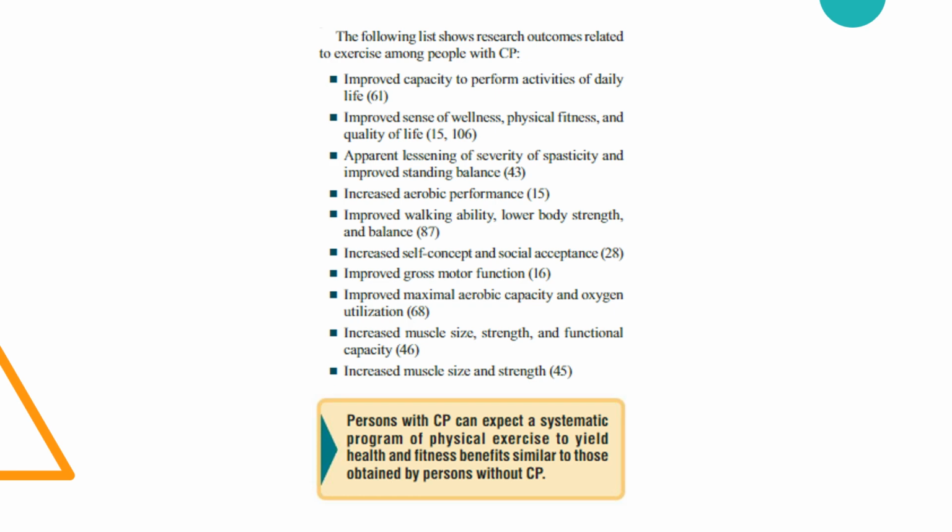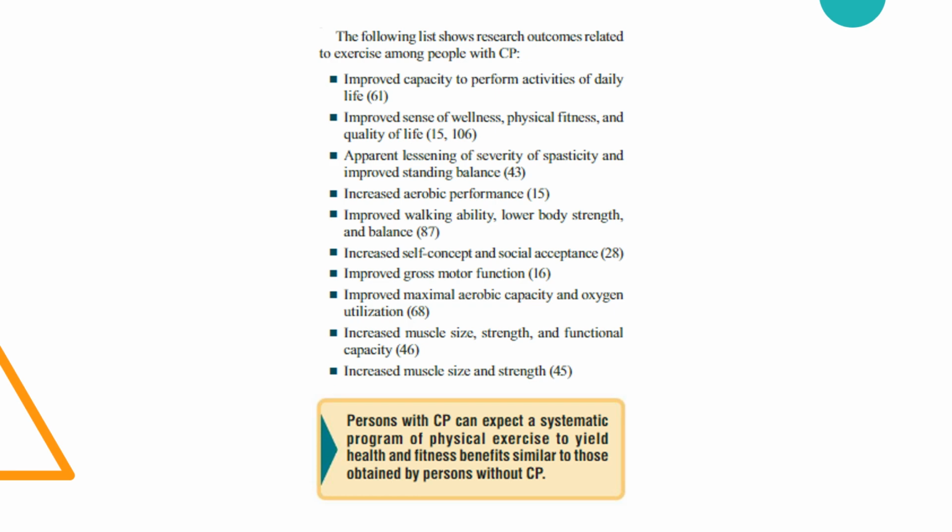Exercise programs targeting gross motor skills have been found to positively impact the development and acquisition of fundamental motor skills in children with CP. These skills include crawling, walking, running, jumping, and overall motor coordination. Regular exercise, including stretching and range of motion exercises, has been shown to reduce muscle spasticity in individuals with CP.